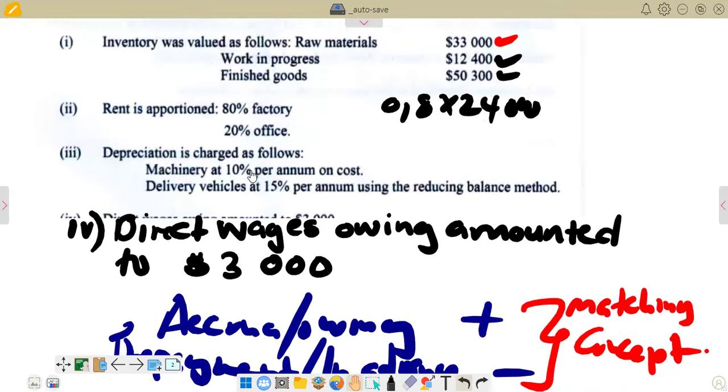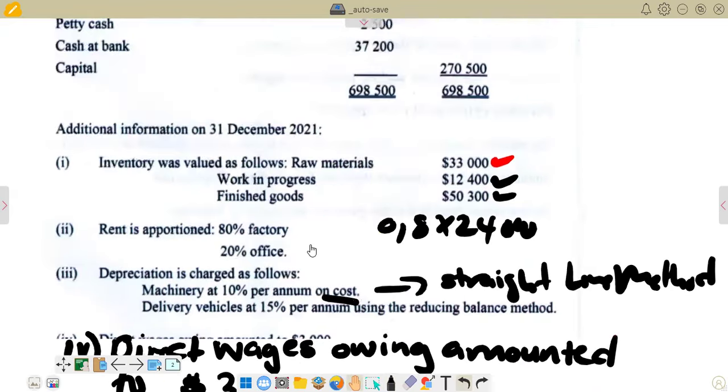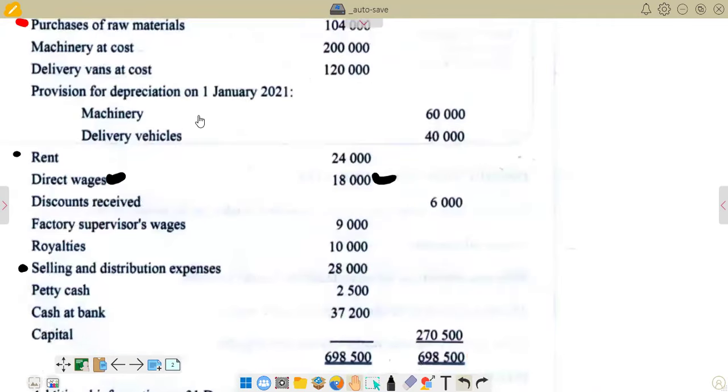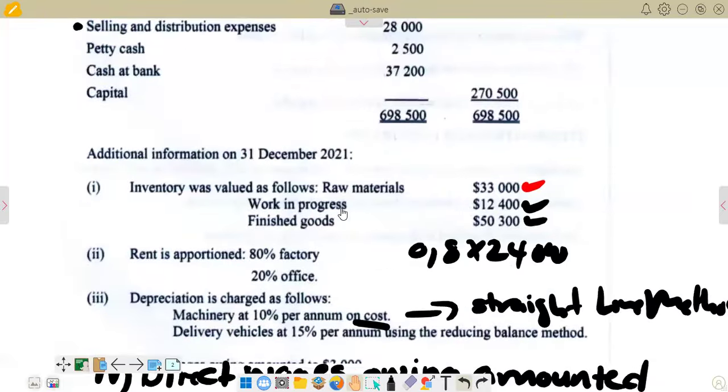We have depreciation now, whereby we have machinery, which is 10% per annum on cost. Very important. So here on cost means we are using the straight line method. When they are using the straight line method, we are going to say percentage times cost. The percentage that we have is 10%, then we check the cost for machinery. Machinery cost we are given is 200,000.